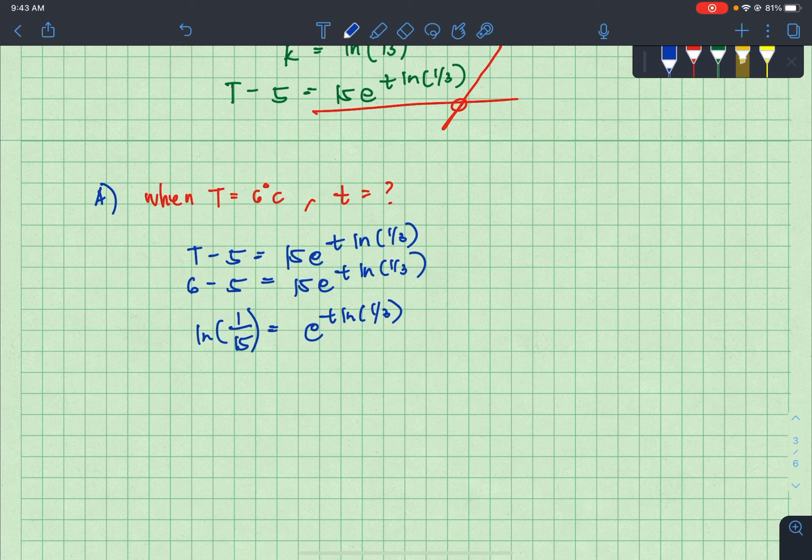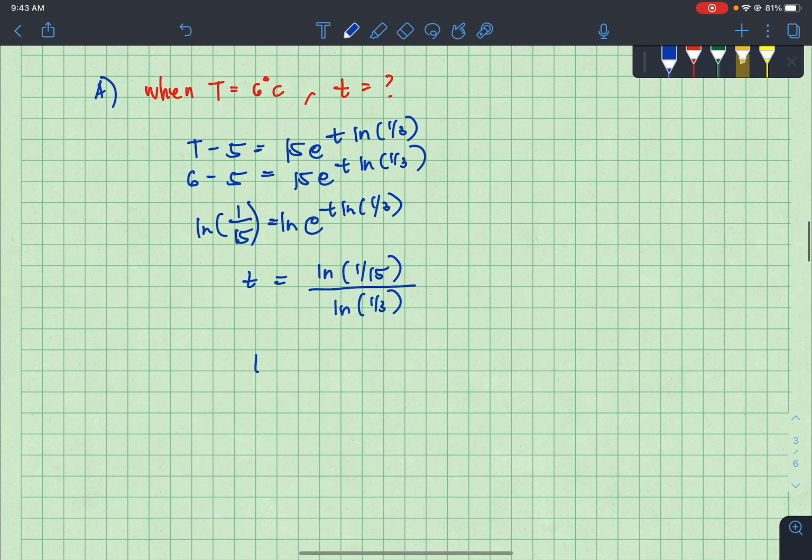Taking the ln of both sides, t would be equal to ln of 1 over 15 divided by ln of 1/3. You can try doing it on your calculator, so just pause the video first so that it won't show the answer right away.